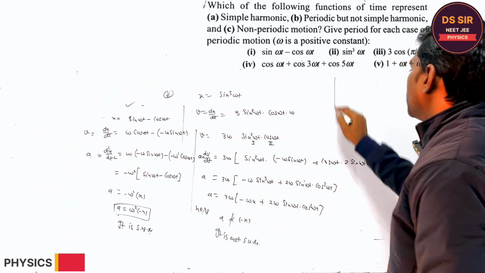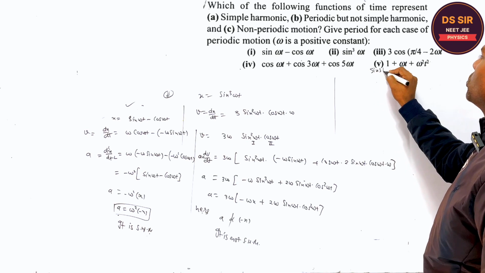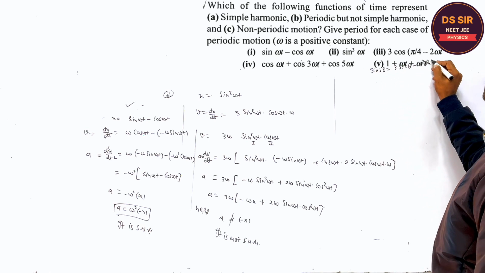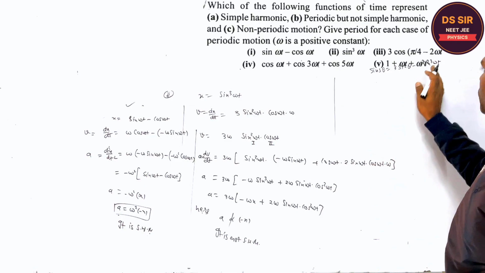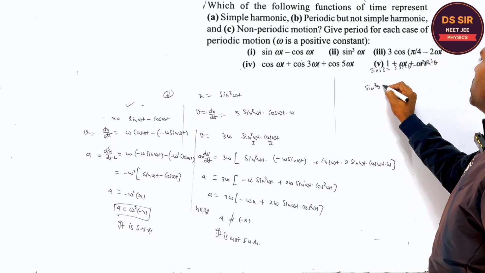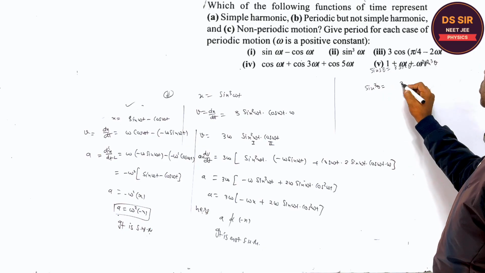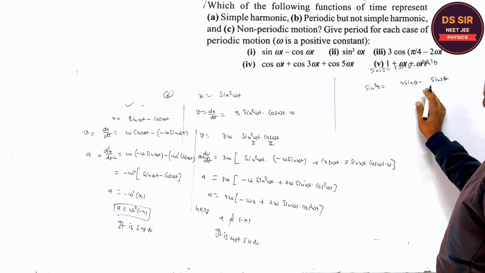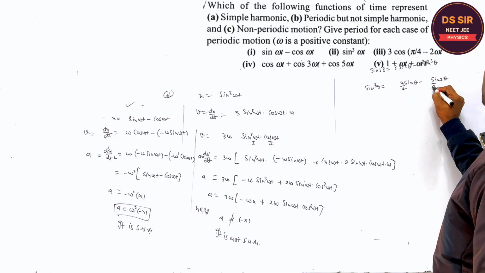The other way is the sin³ theta identity, as I told you: sin 3 theta is equal to 3 sin theta minus 4 sin³ theta. Is it clear or not? So from here, sin³ theta is equal to 1 by 4 times 3 sin theta minus sin 3 theta.